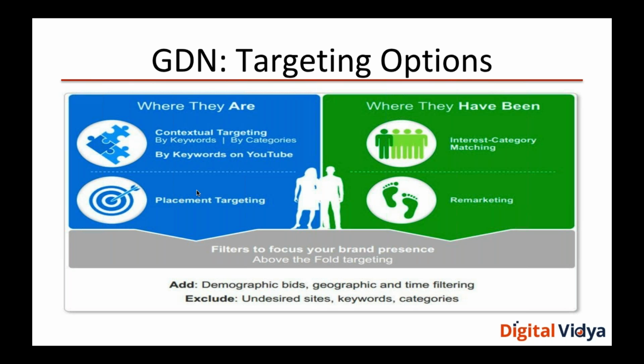That is one way of doing it, so that anybody who visits that page will see my ad. The second way is I can target people who are interested in health and fitness, yoga, all these things, so based on user behavior. So you can target people based on their behavior online or their interests, or you can target people based on where they are, which means you're targeting the pages or the apps. Am I clear?